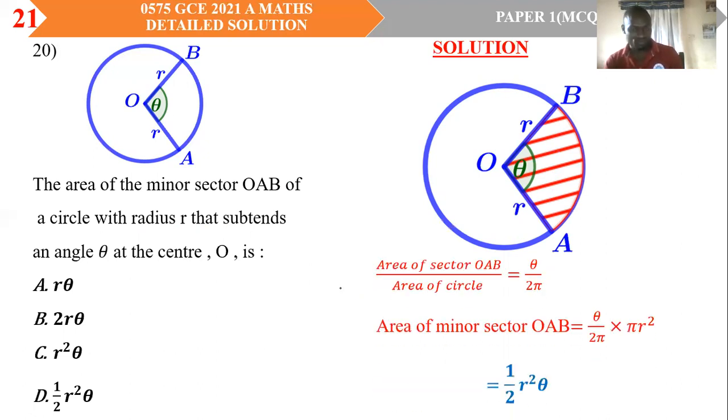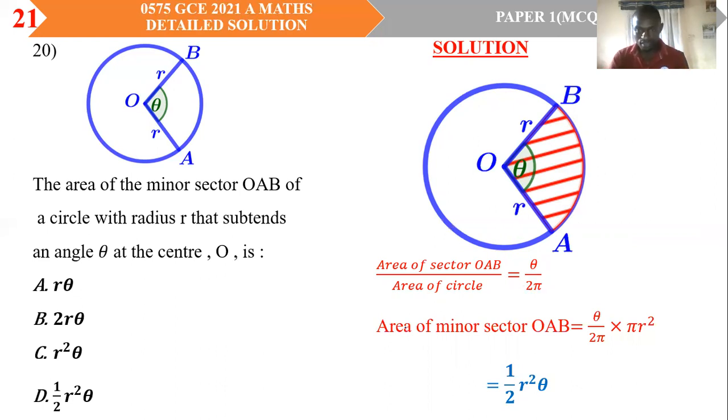So we know that the ratio of the area of each part of a circle to the area of the entire circle must give the ratio of the corresponding angles subtended by that part and the entire circle. So area of sector OAB over area of circle is equal to theta, which is the angle subtended by that sector, over 2 pi, which is the angle of the entire circle.